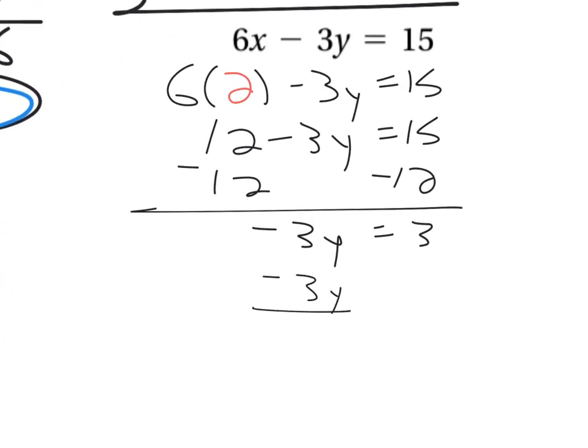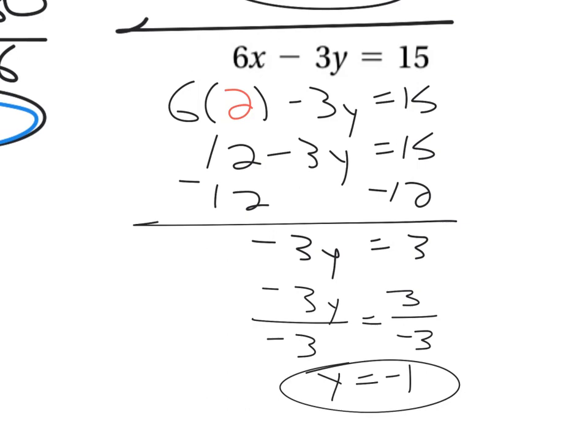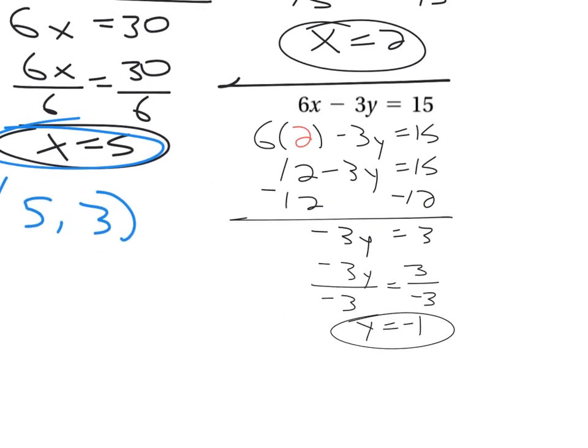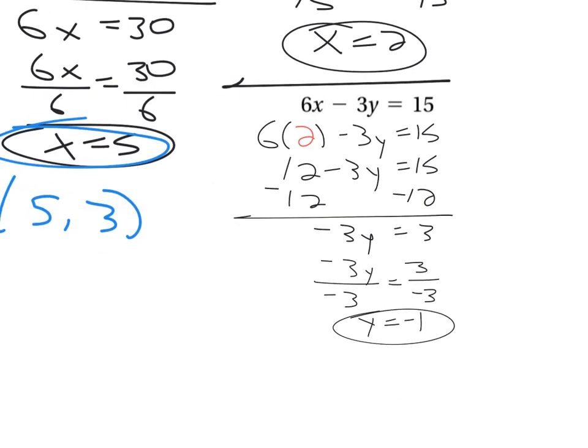And when we divide by negative 3, we get y equals negative 1. And we had an x value of 2. So now our coordinates of our solution are 2, comma, negative 1.